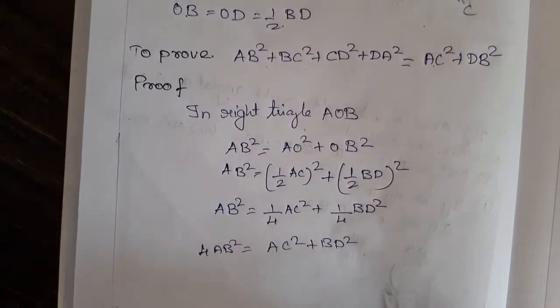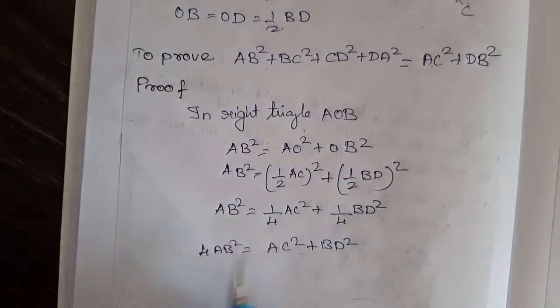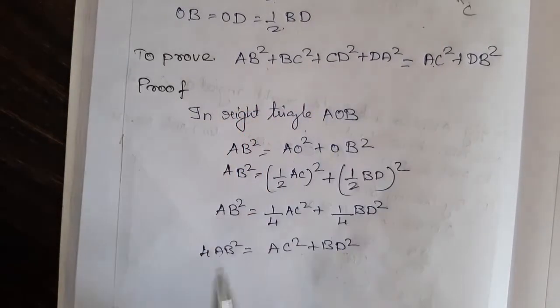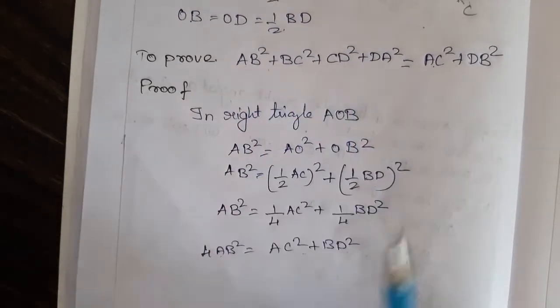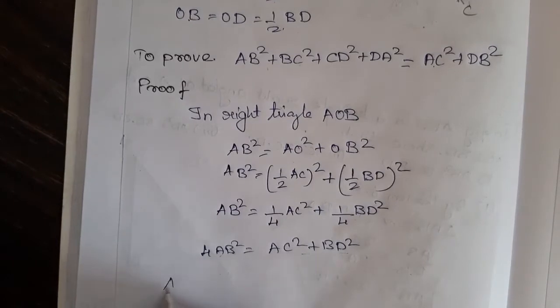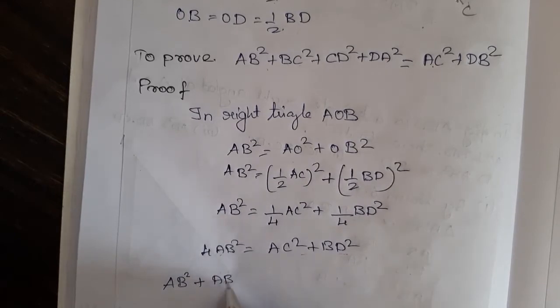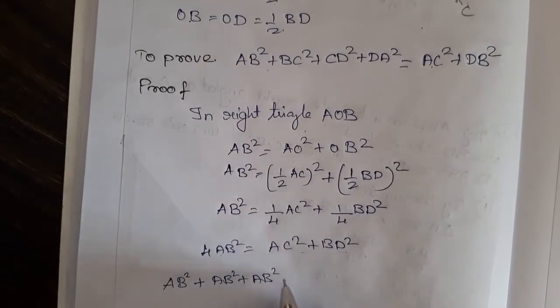So now we can see that the RHS is the same. Only on the LHS we have to write it as AB square plus AB square plus AB square plus AB square, since 4 times we added.